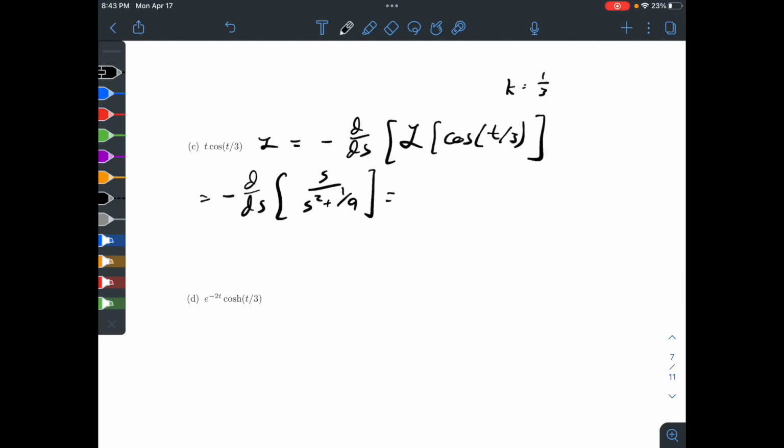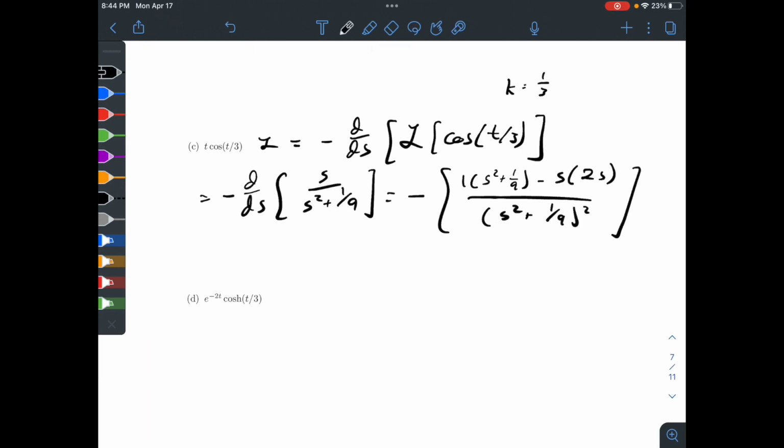So negative derivative of that. We have to do a quotient rule. So we'll keep that negative out there. Derivative of the top is 1. Keep the bottom. Minus the top times the derivative of the bottom, which is 2s. And then all over the denominator squared. And so that would be your answer, and you could of course simplify this if you want.